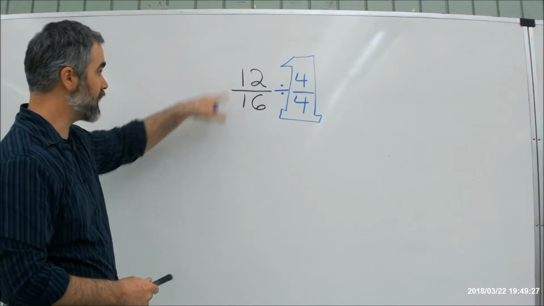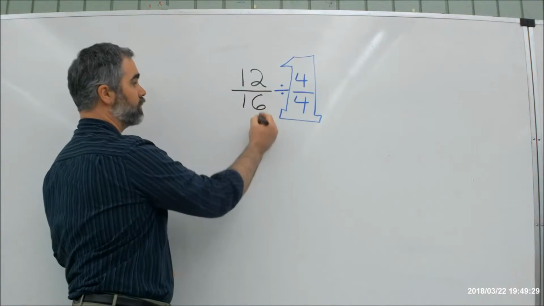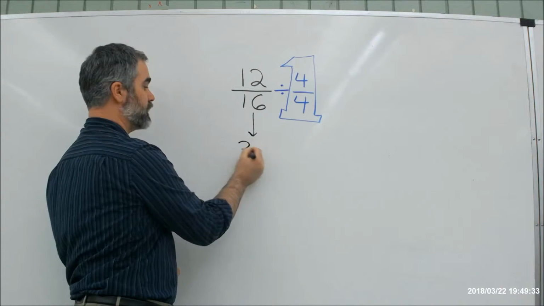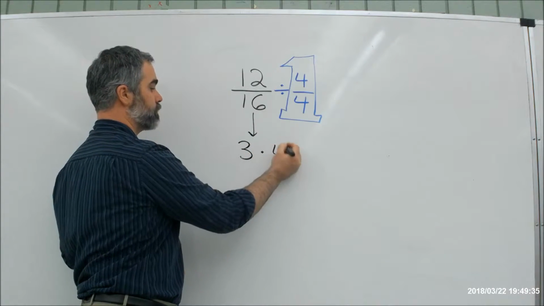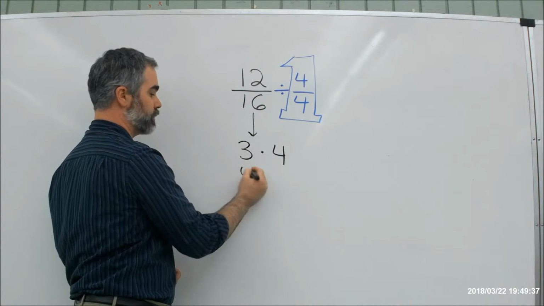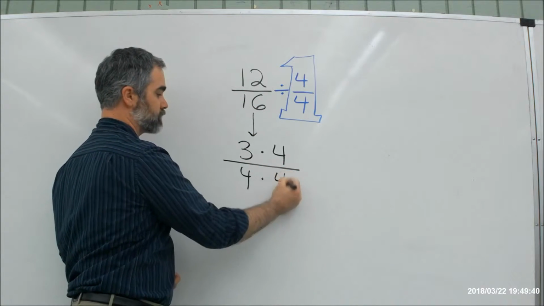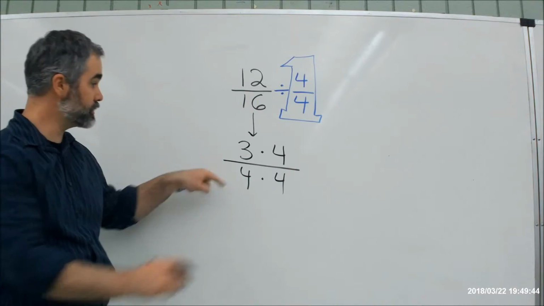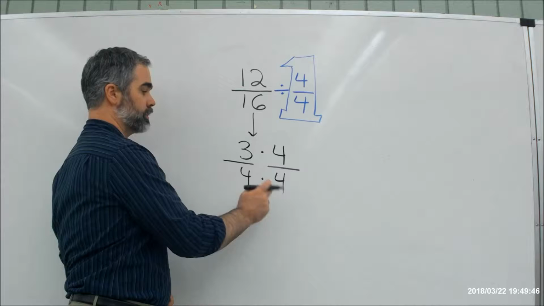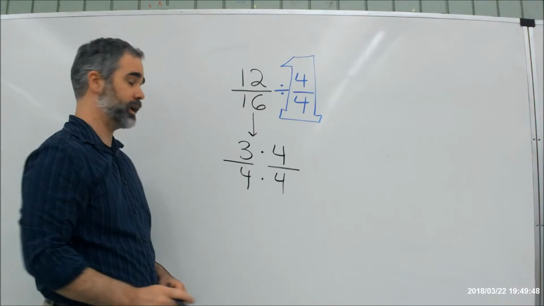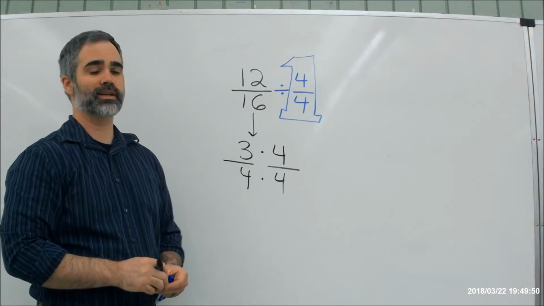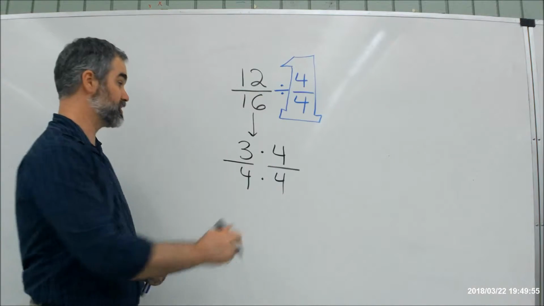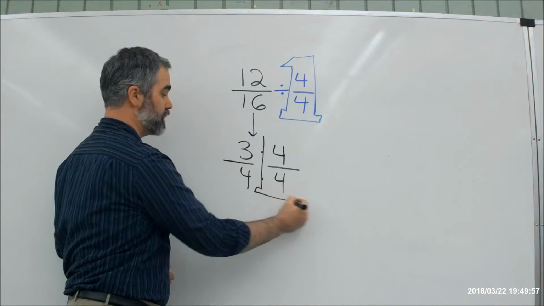So let me show you exactly why this works here. So 12 can be rewritten as 3 times 4. 16 can be rewritten as 4 times 4. So 12 over 16, it's the same number. But notice here, there is a secret ninja 1 right here. I call them ninja 1s because they're invisible, just like ninjas, and they'll stab you in the back if you don't see them. So again, this is a big 1 here.